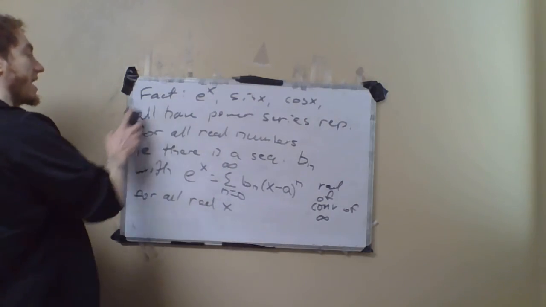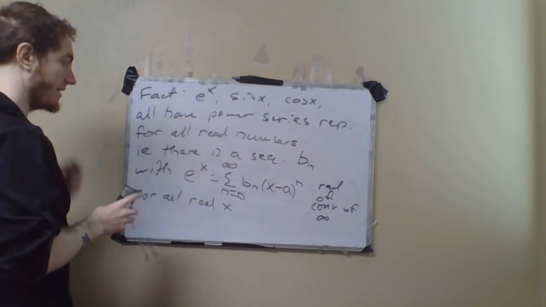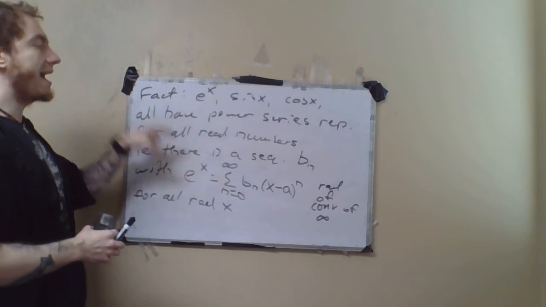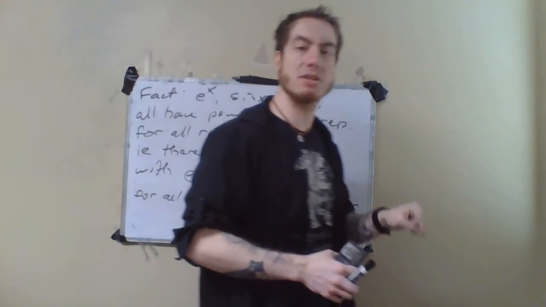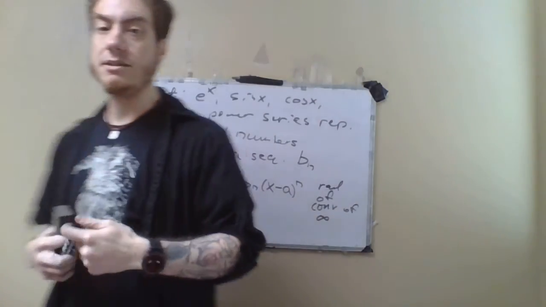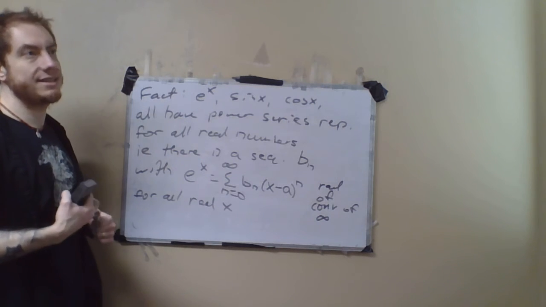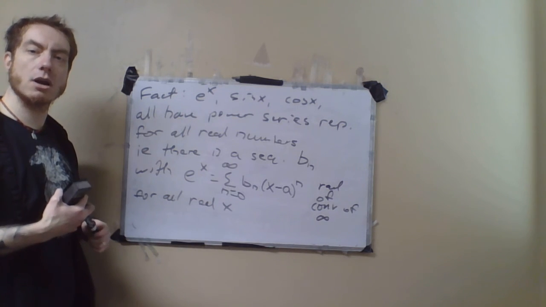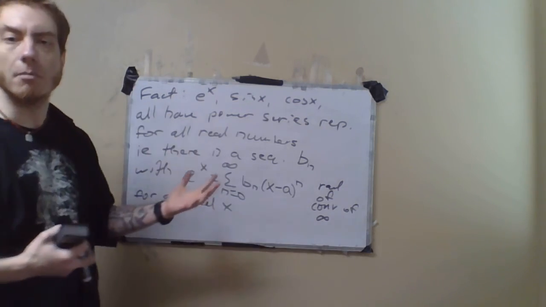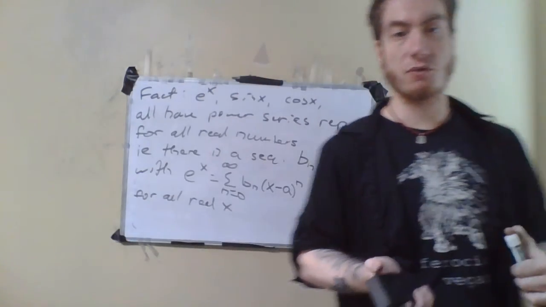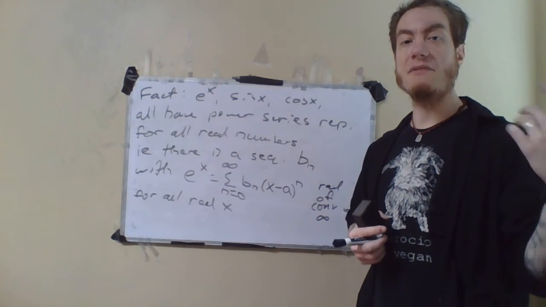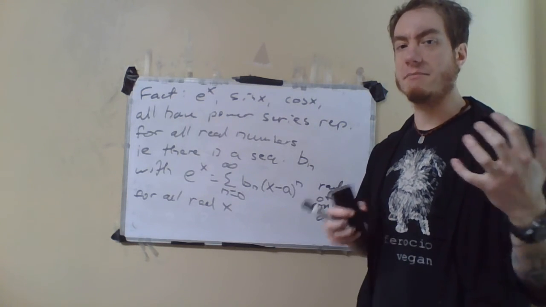Now, the question that we now have to answer, and this is what we're going to do next time, given a function that we know, how do we find a power series representation for that function? The answer is, well, it's a little bit like finding linearizations of a function, except that we bump that up. Because what did we do when we do a linearization? We take f of a plus f prime of a times (x minus a).